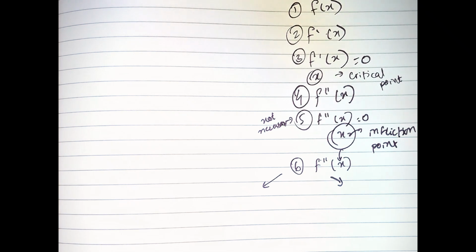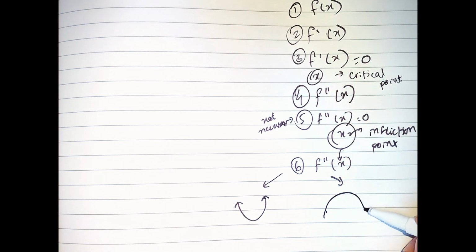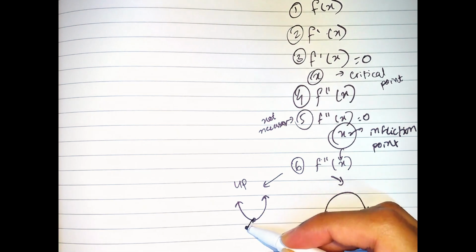The result will be either that the graph will be concave up or it will be concave down. If the graph is opening up, its mouth is opening upwards, then it will be called a concave up graph. Now remember this thing, whenever you see a concave up graph, that graph is going to give you the value of minima.